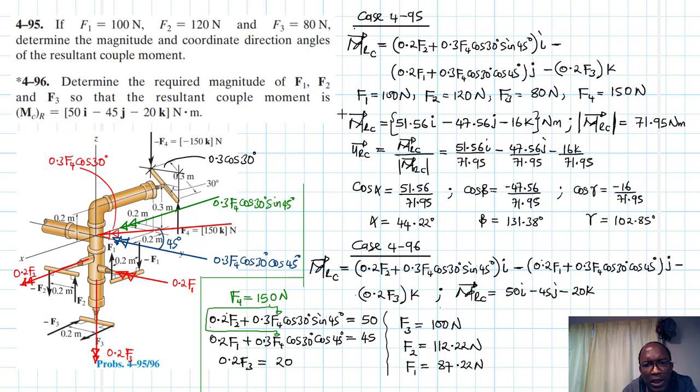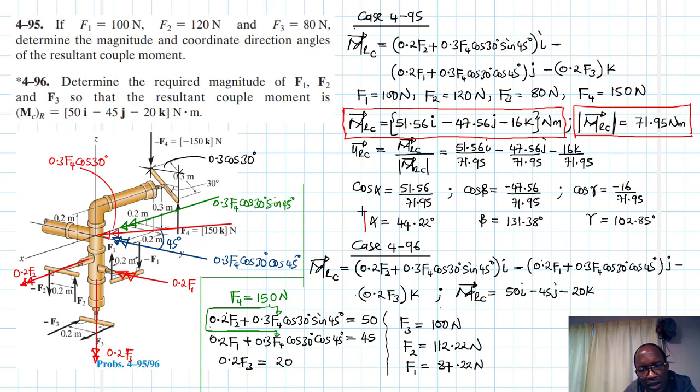Let me just outline the solutions. We found the couple moment itself in case 1, and we also found its magnitude using the Pythagoras theorem. The question went further to ask us to find the directional angles, which we found.